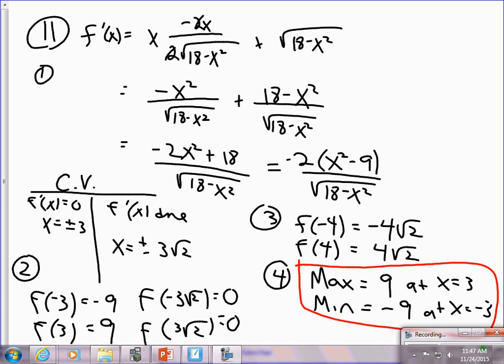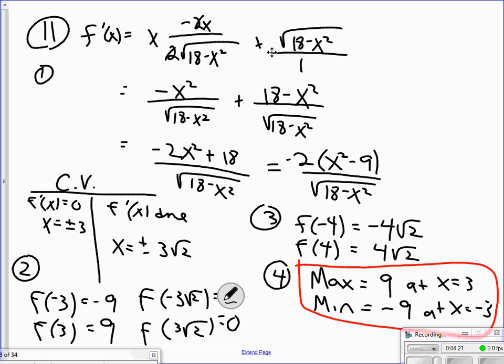But here's the thing which I think made some of these questions real tough. You go to take the derivative, and they involve fractions, but there's more than one term. When that happens, it's much easier if you can consolidate them, get a common denominator, and add them. So I have these two terms, but it involves a fraction. What you want to do is write them both with the same denominator.